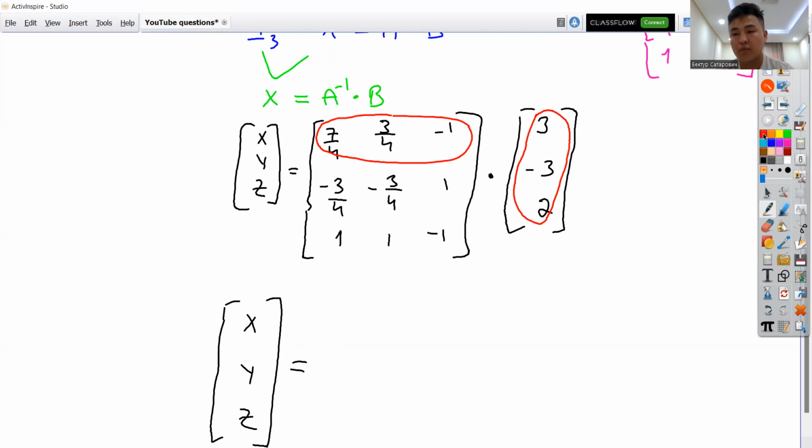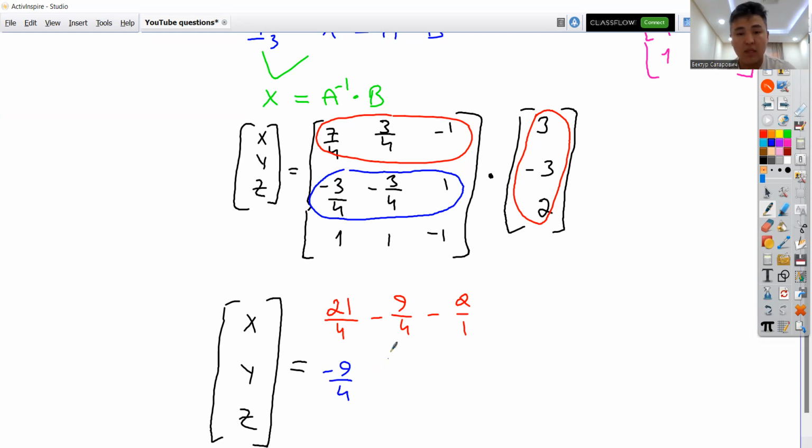When you multiply 7/4 by 3, first number by first number, you will have 21/4. Then second number by second number, 3 over 4 multiplied by -3 gives -9 over 4. Then -1 multiplied by 2 gives -2, which I write over 1. Next, -3 over 4 multiplied by 3 gives -9 over 4.